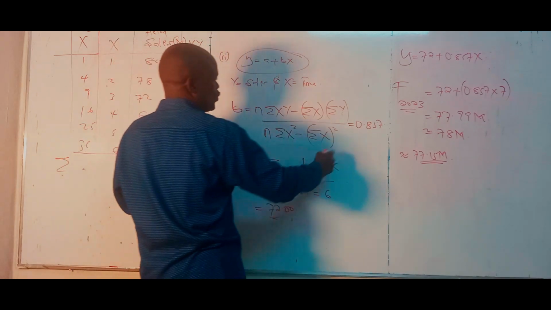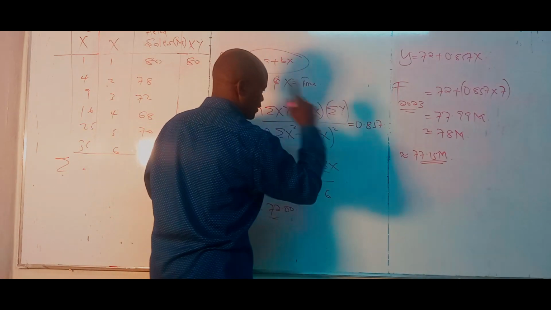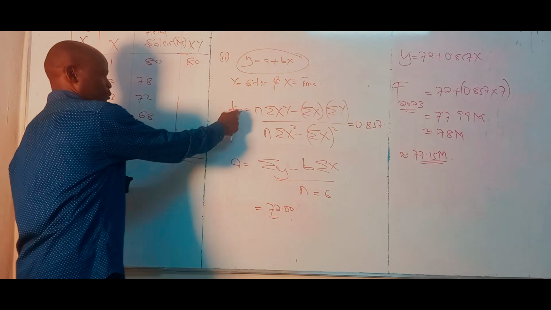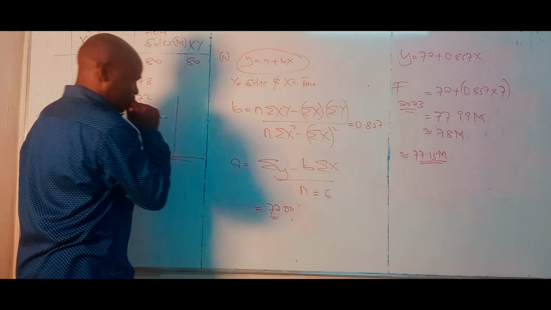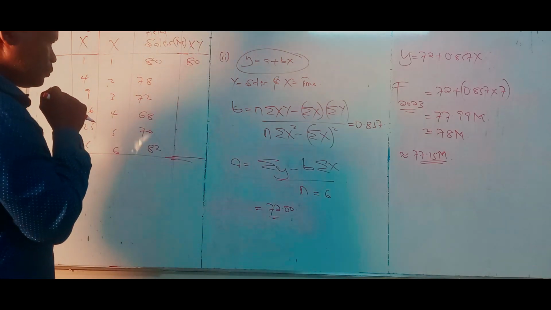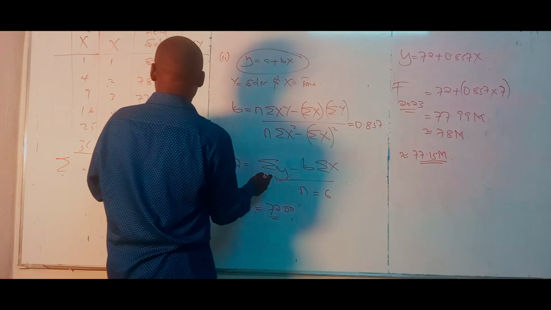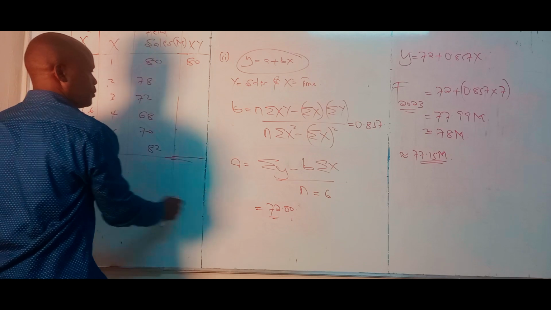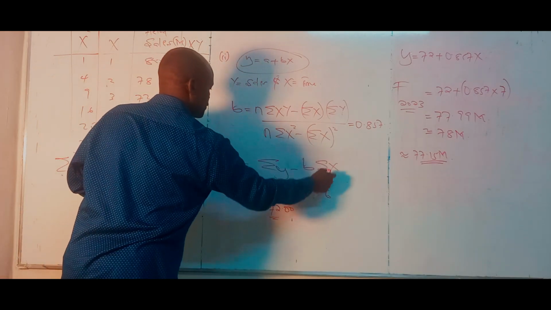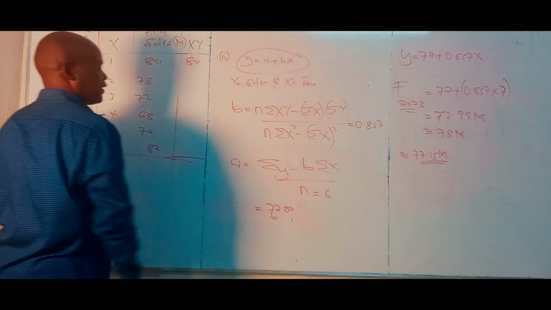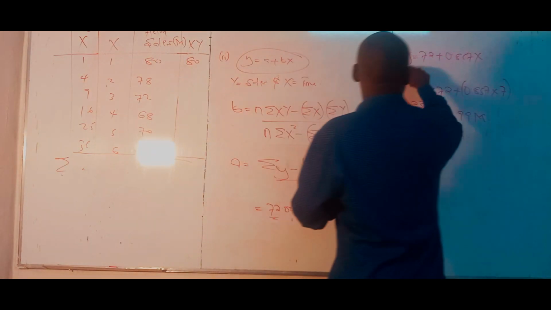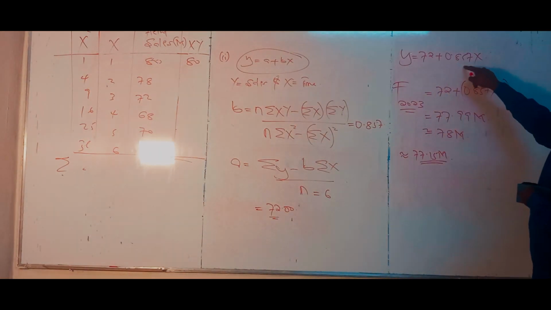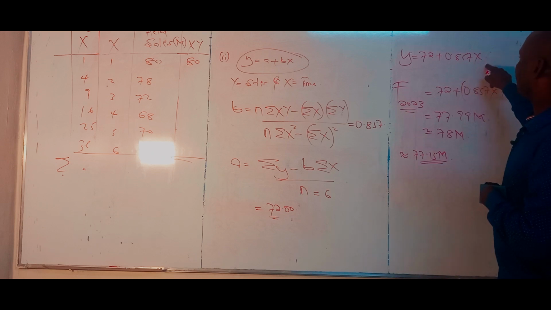If you do, you'll be getting 0.857 as the value of B. N is 6 because there are 1, 2, 3, 4, 5, 6. If you substitute the values, summation of Y put here, minus this, summation of X over this, you get 72. So it means that our line is Y is equal to 72 plus 0.857X.